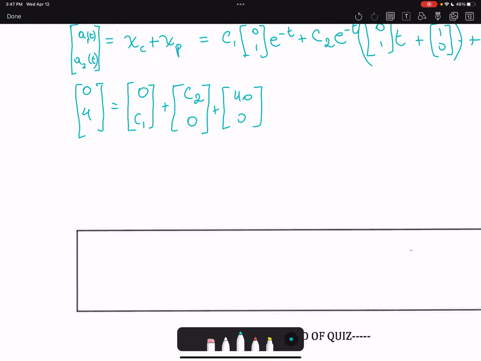So now that we do that, we'll have 0 is equal to c2 plus 40, and 4 is equal to c1. So c2 is equal to negative 40.